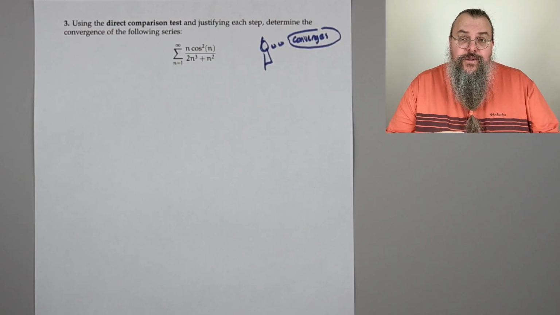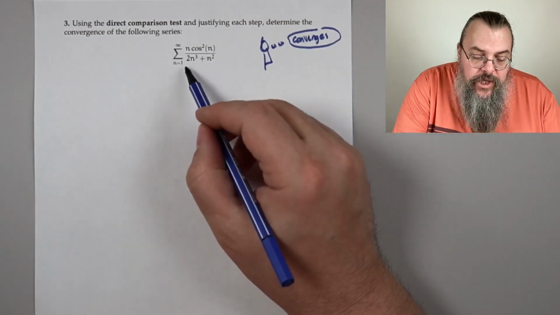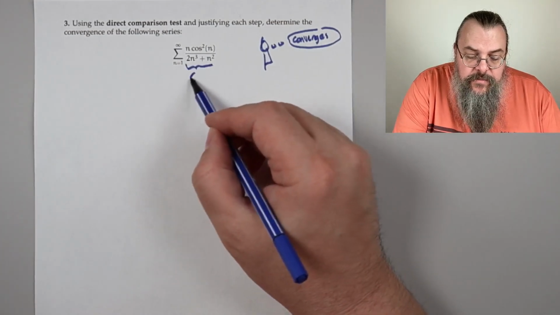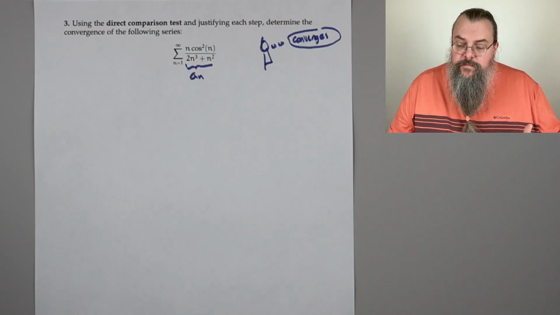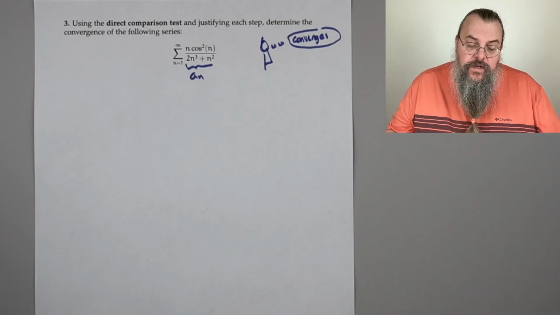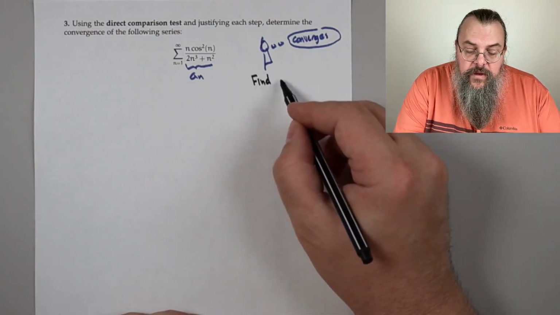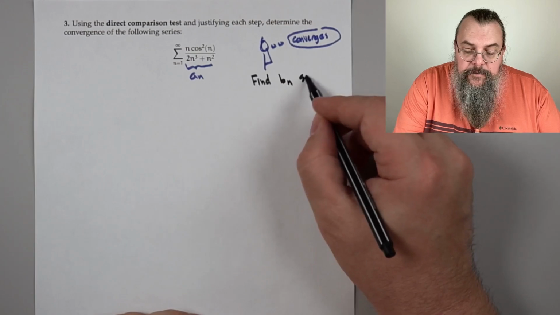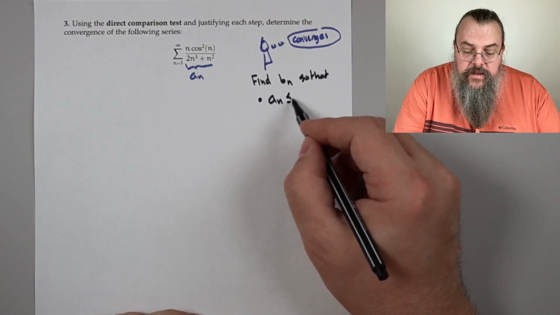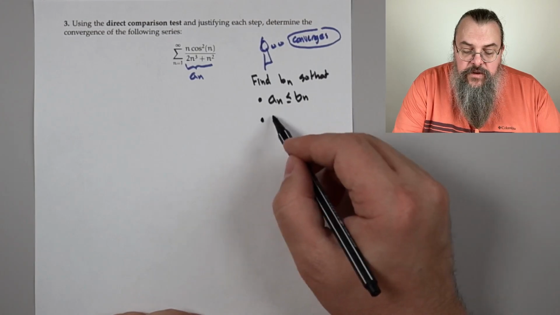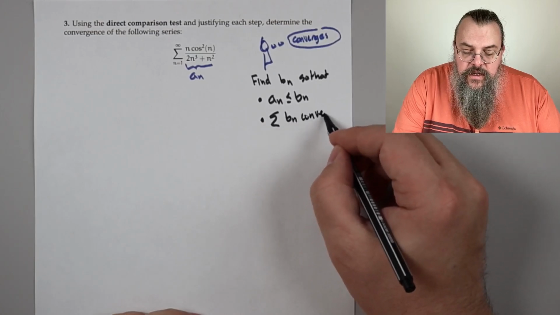So our goal is to say, okay, let's bound it. So we're thinking of these as our terms a_n. So to do the direct comparison test, what do we want? We want to find some terms b_n so that there's two things. One, a_n is less than or equal to b_n, and 2, the sum of b_n converges.